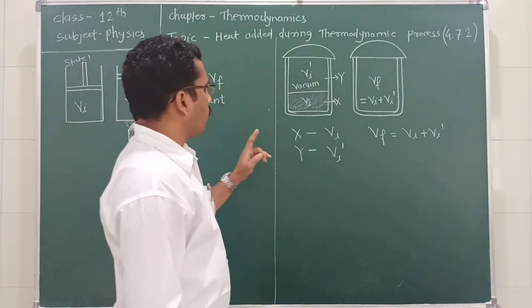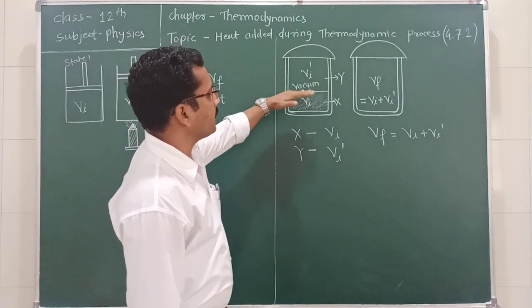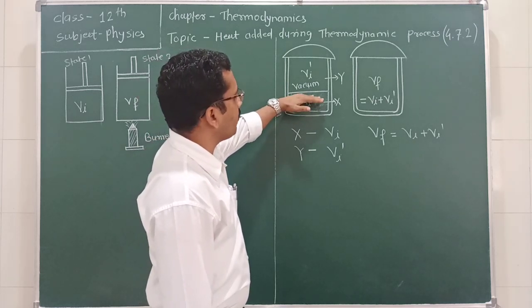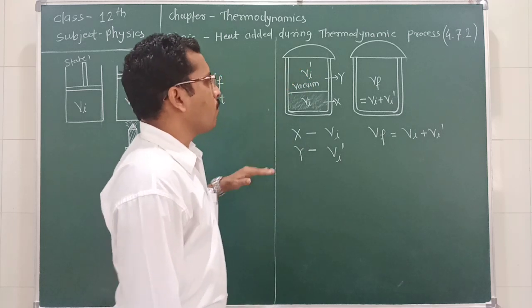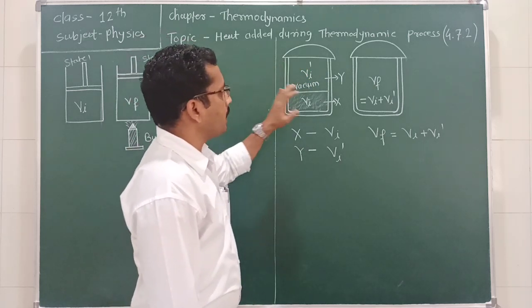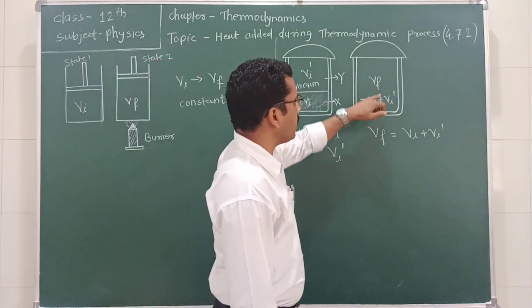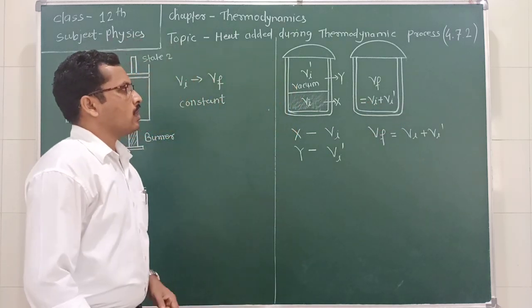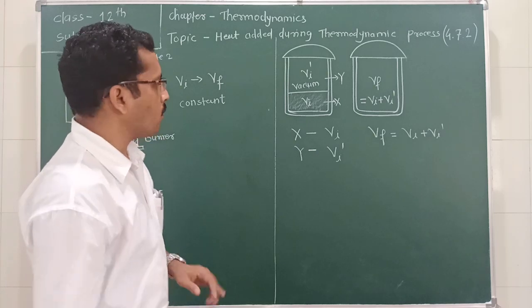While expanding, the gas goes from compartment X to compartment Y, so that the final state of the gas reaches Vf, equal to Vi plus Vi dash. Now during this process, what happened?